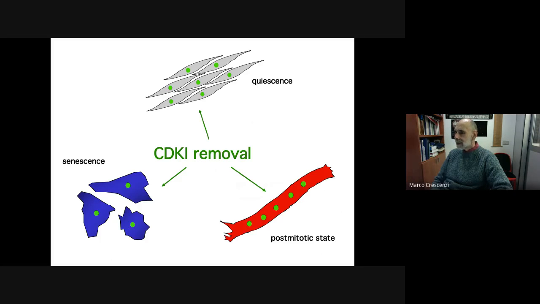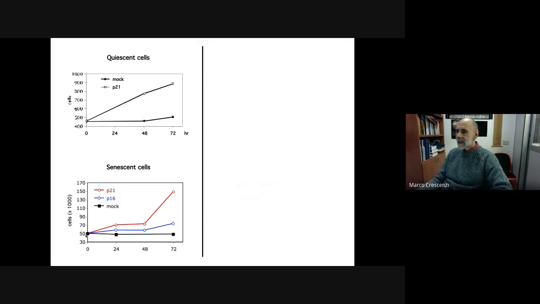However, there was an important difference between myotubes and the other cell states or cell types. When we reactivated quiescent cells, they really proliferated. These are fibroblasts reactivated by P21 suppression in the absence of growth factors. And they doubled in number in 3 days. These are control cells that basically did not proliferate at all.